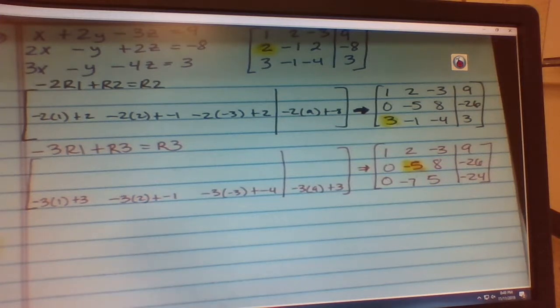Once you're done with that negative 3 times row 1 plus row 3, here's the matrix you should have gotten. And now we have to worry about making that negative 5 into a what?